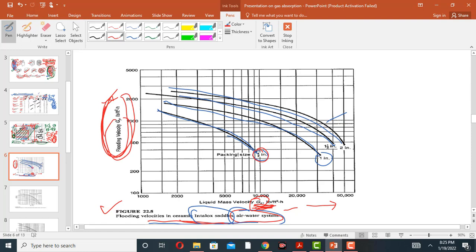For example, if this is 5,000 liquid mass flux Gx, and when the packing size is half-inch, then the flooding velocity is about 700 lbm per foot square into hour.